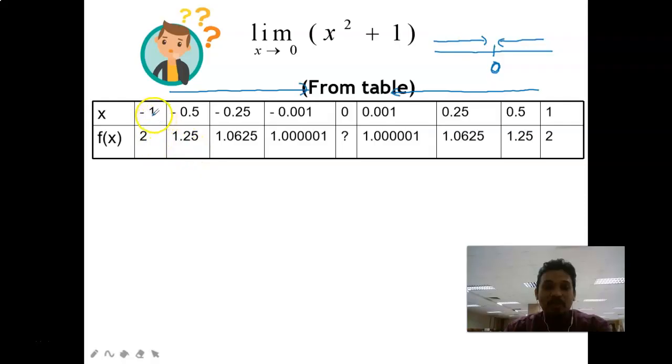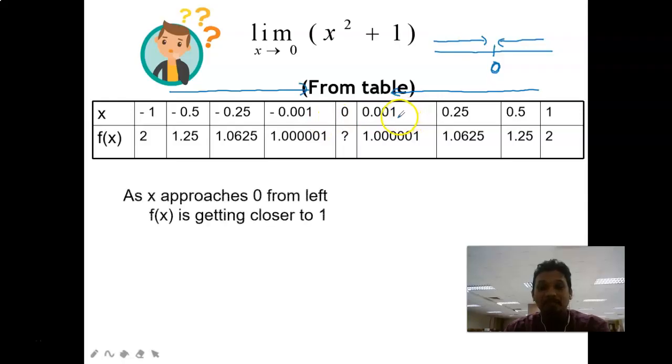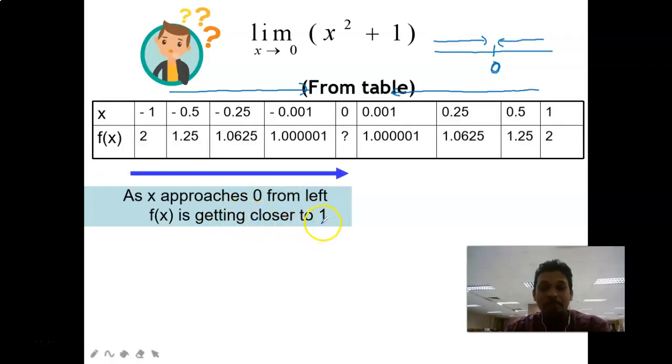So when x equal to -1, -0.5, -0.25, -0.0001, -0.000001, you just name it, as long as it's not exactly 0. So x approaching 0 from the left, f(x) is getting closer to 1. And so we say that as x approaches 0 from the left, f(x) approaches 1.